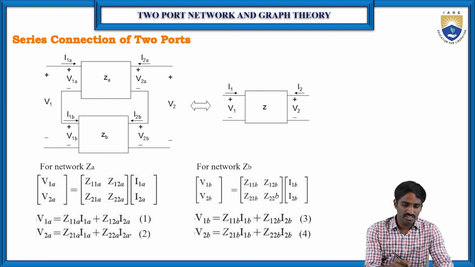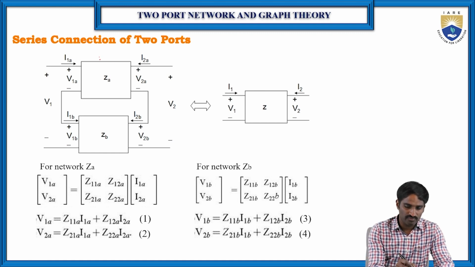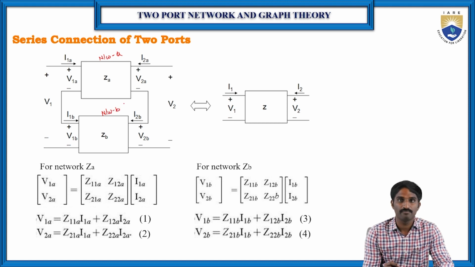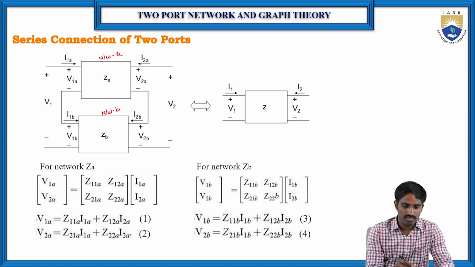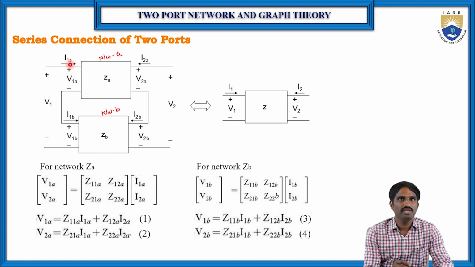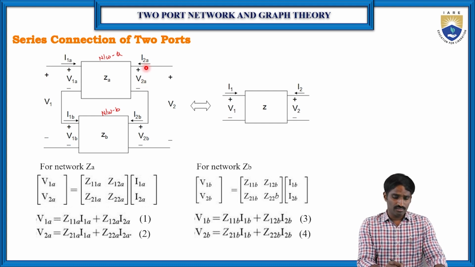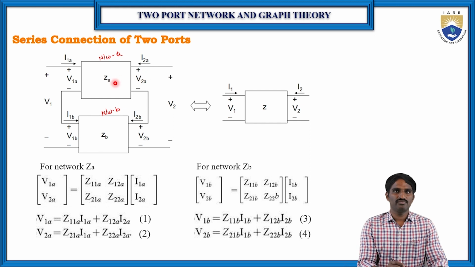Let us consider this is two-port network 1, network A, and here it is network B. Here V1A and I1A are the input voltage and input current for the network ZA, and similarly I2A and V2A are the output current and voltage of the two-port network ZA.